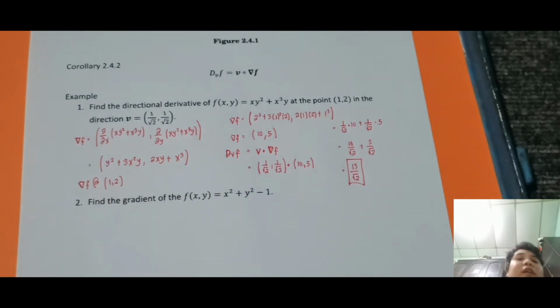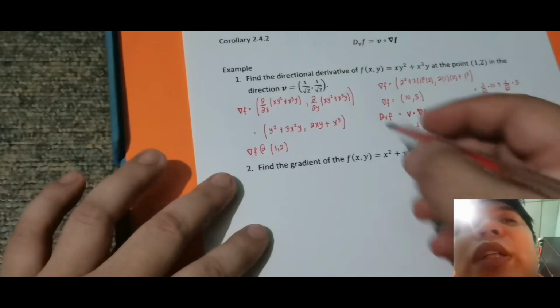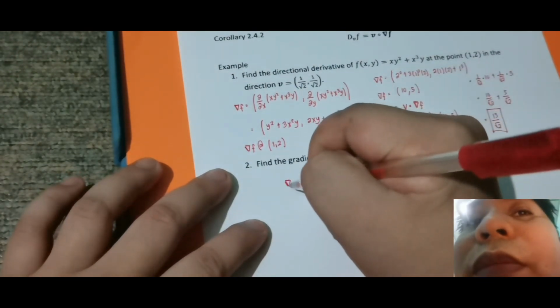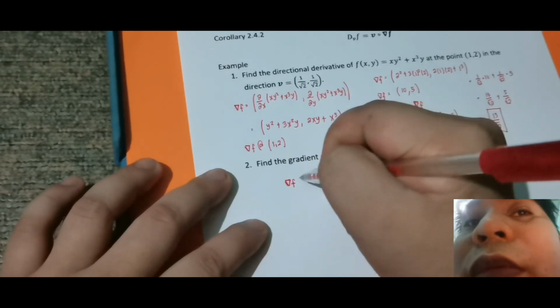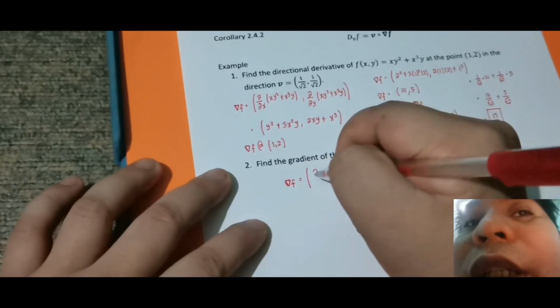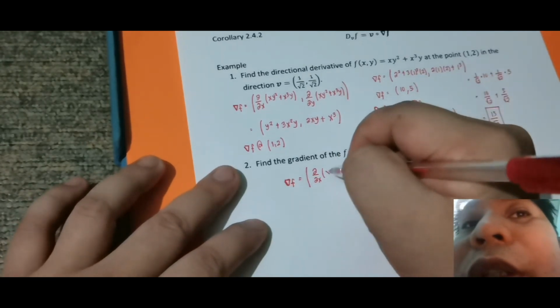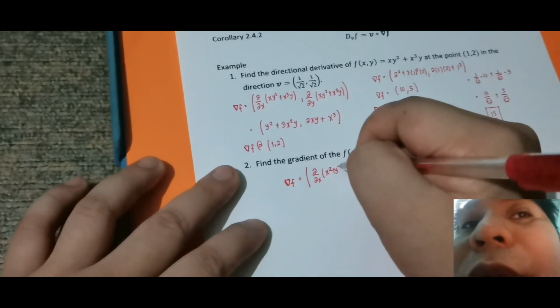So like this one, find the gradient of f(x, y) = x squared plus y squared minus 1. Simple, we will just do the same thing. So let's get the gradient. For the del of f, the gradient of f, this is just equal to the partial derivative with respect to x. So we copy x squared plus y squared minus 1.